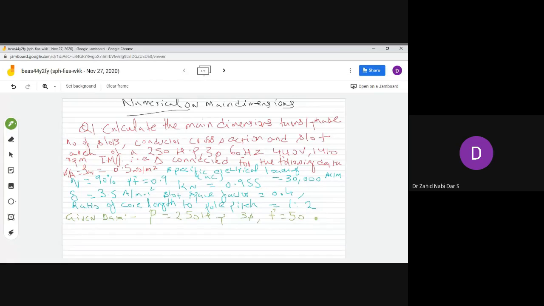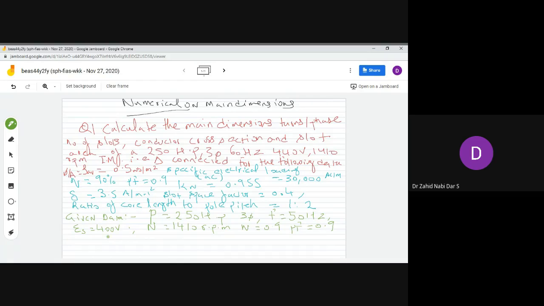The voltage, we need not divide by root 3 because it is delta connected. If it was star connected, then it was 400 divided by root 3, so there also one mistake can happen. N is your speed, 1410 RPM. Your efficiency is equal to 0.9, and your power factor is equal to 0.9.